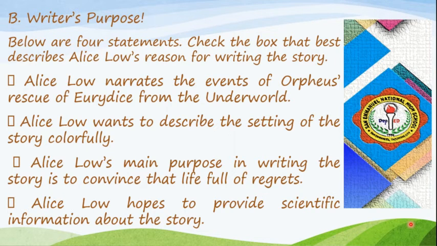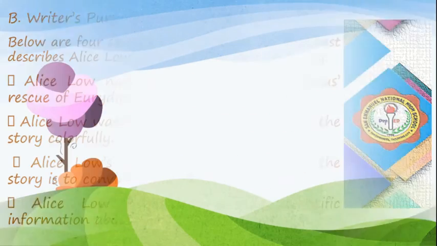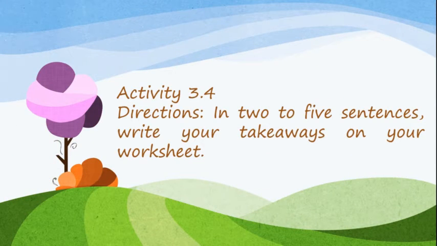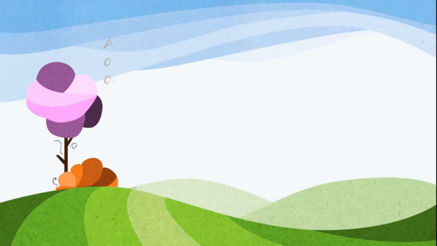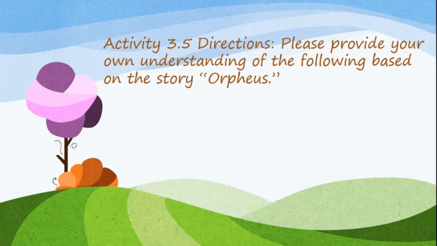Now, let's do activity 3.4. In three to five sentences, write your takeaways on your worksheet. Three to five sentences only, class. Very good. Now that you have written your takeaways, let's proceed to activity 3.5. Please provide your own understanding of the following based on the story Orpheus.